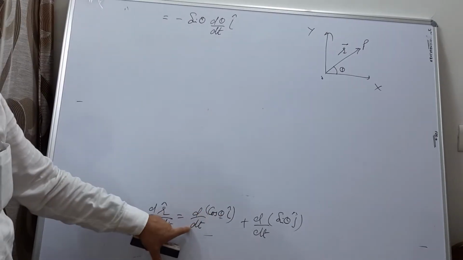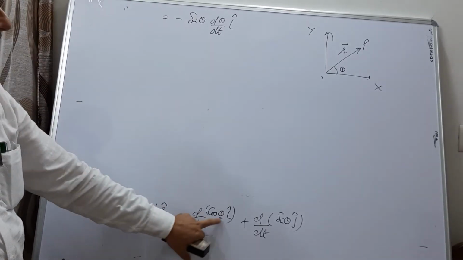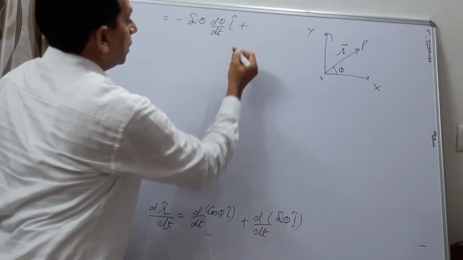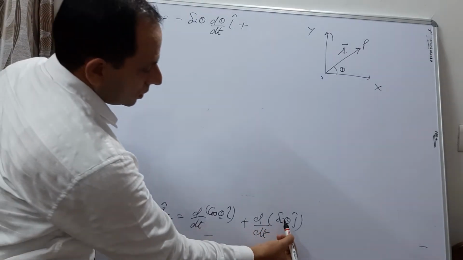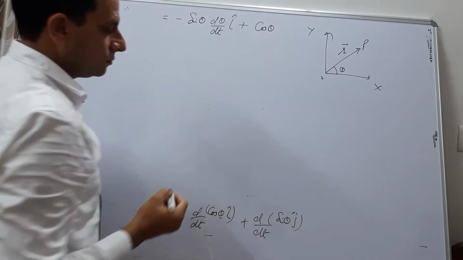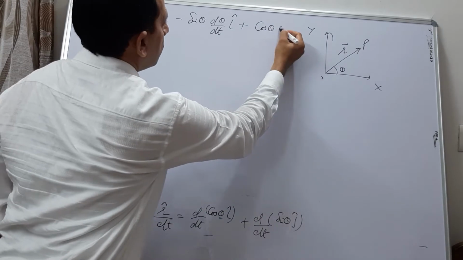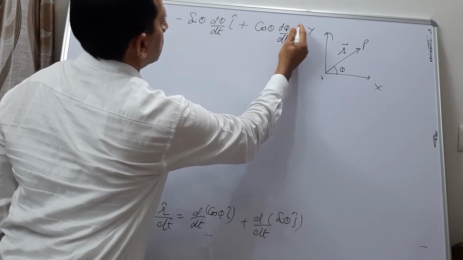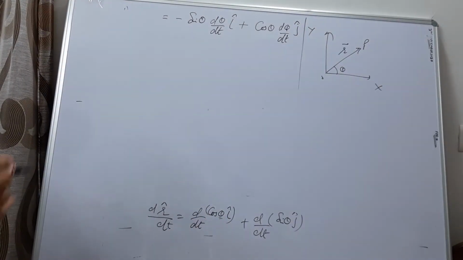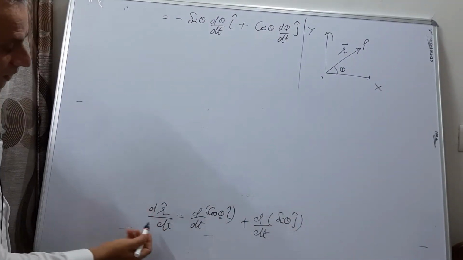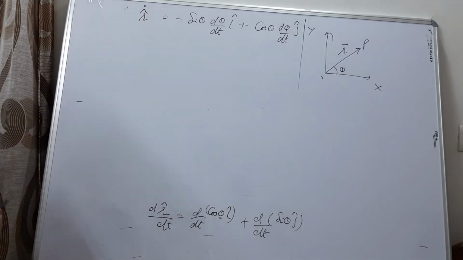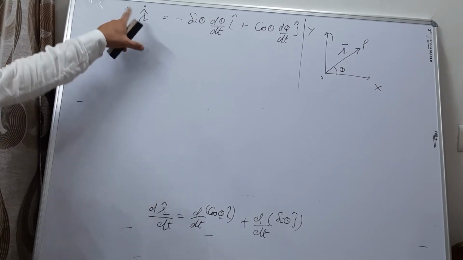Similarly, plus sin theta, the derivative of sin theta is cos theta, and the derivative of theta with t, into j cap, and on the left hand side, it is r cap dot.